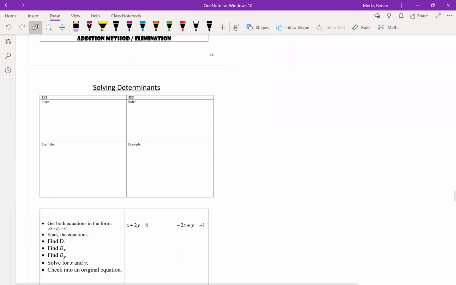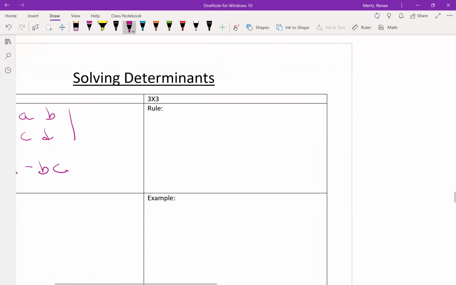Let's do some determinants. So 2 by 2 is we multiply on the diagonals and we subtract. For 3 by 3, it's a little more complicated.